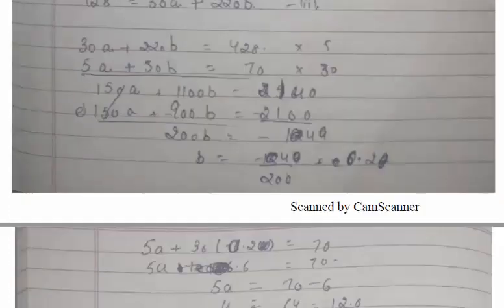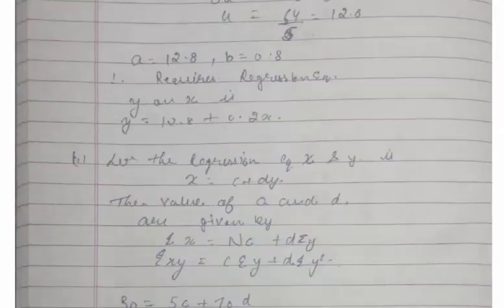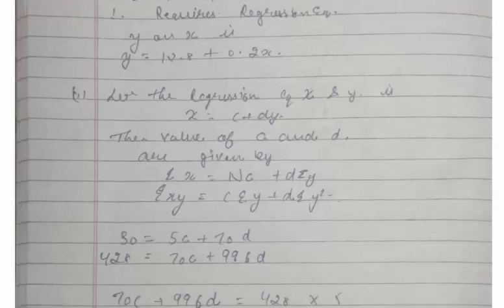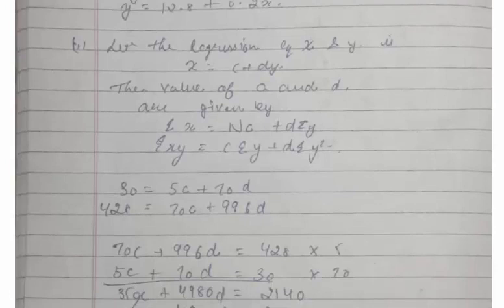After solving these two equations, you can get the value of a is 12.8 and value of b is 0.2. So our required regression equation y on x is y equals 12.8 plus 0.2 into x, because the value of a is 12.8 and value of b is 0.2. Now this is our regression equation of y on x.